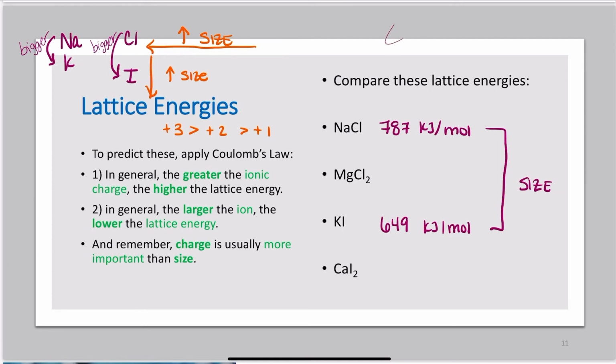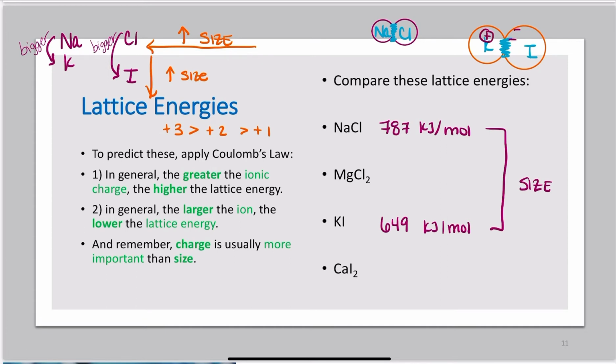You've got these two particles, Na and Cl. And then you've got two others that are bigger. These are not drawn to size. K and I. This energy is holding these together really tightly. It's a really small molecule. It holds really tight. These are just bigger. Remember, this potassium has a positive charge to it.